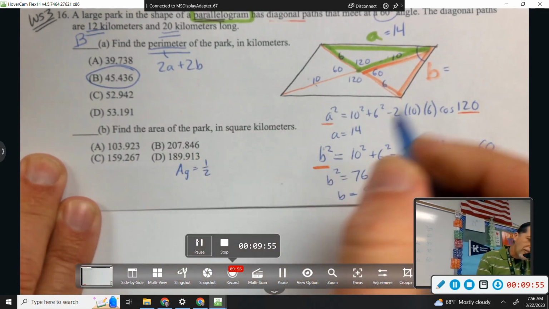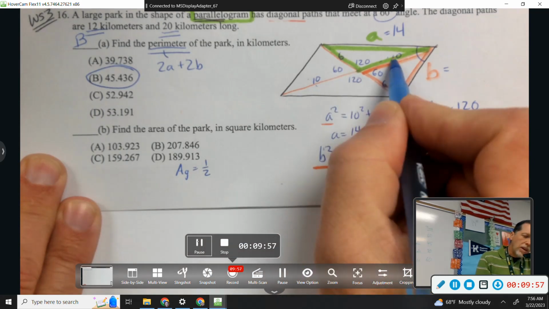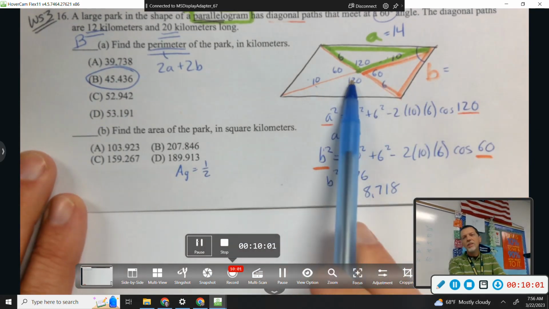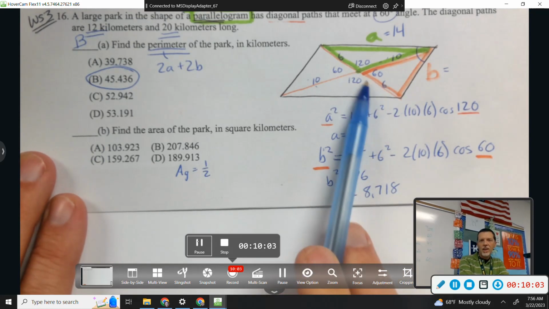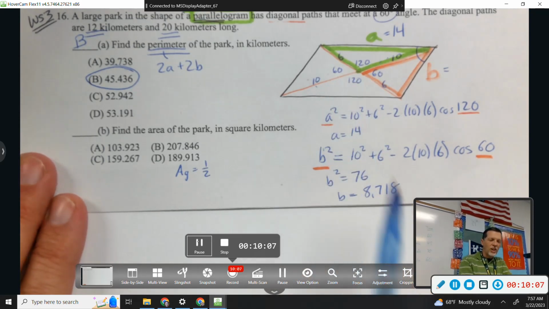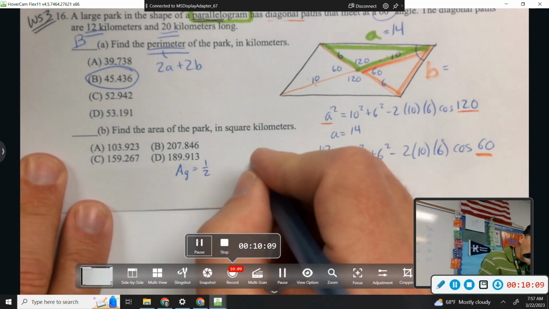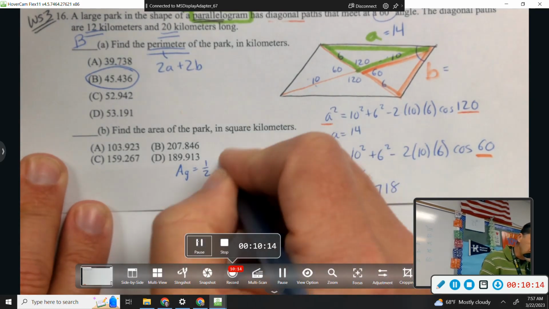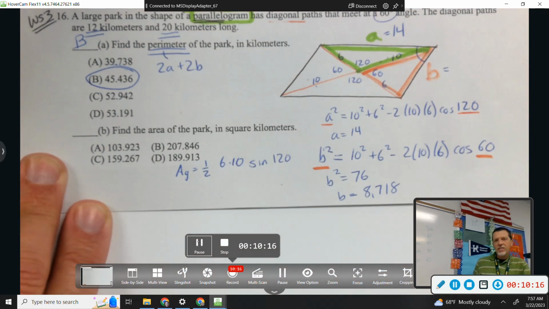1/2 AB, sine of the angle between them. Oh, this is a good one because, be careful, you have all three sides. If I'm going to use 120, which two sides should I use if I want to use the sine of 120? 6 and 10. So any two sides and the included angle.